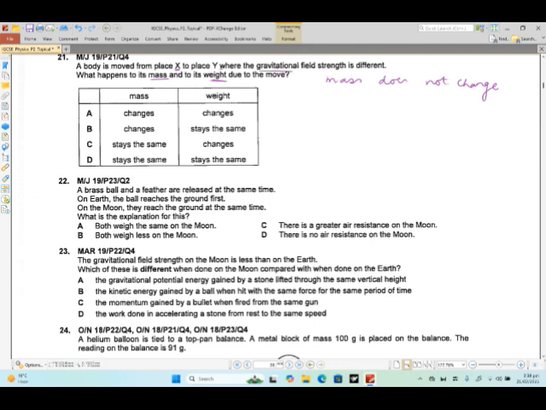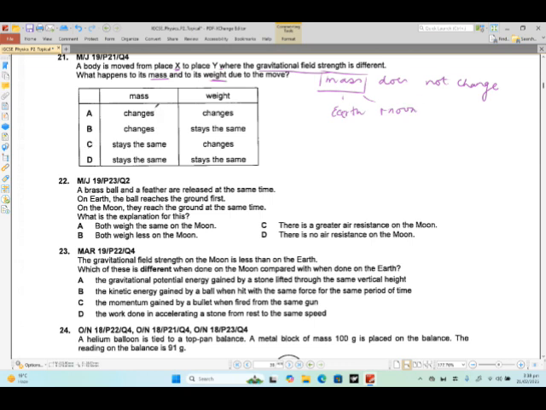Weight depends on the value of that. Mass, irrespective of the gravitational field strength value, would remain the same. Mass would be the same on Earth and the same on Moon where the gravitational field strengths are different. So mass is not going to change, it would stay the same.